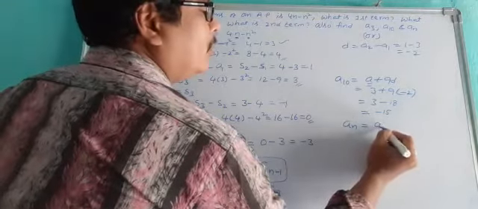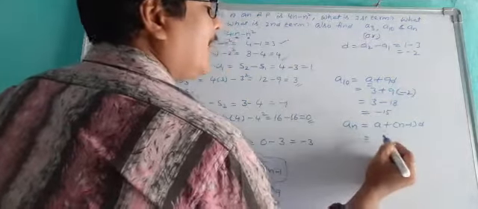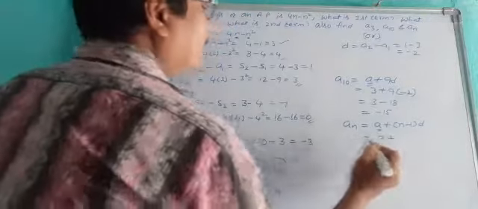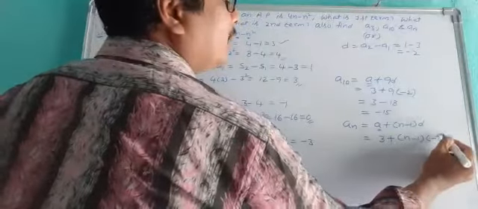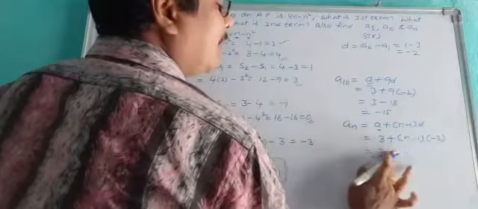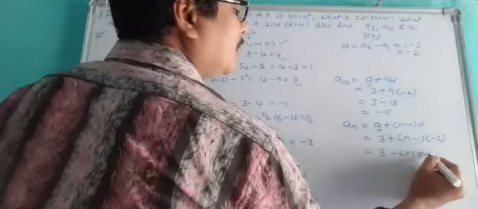Next, as well as you have to find an. An equal to a plus n minus 1 into d. A means first term. What is the first term here? 3 first term, 3 plus n minus 1 into d. Already we found it, minus 2. So 3 plus minus 2 into n, minus 2n, minus of minus plus 2.